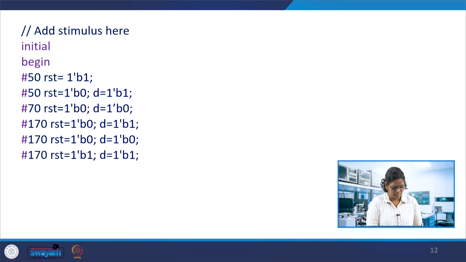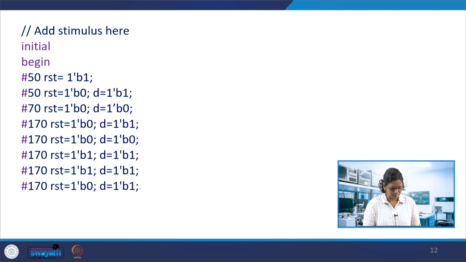Then we see the data and reset change, to check what happens when reset is 1 in between, and the data is 1. So what happens here? Okay, so this will be made 0, right? Again, if you maintain the reset, whatever the change in data, whatever the data is, it is made 1, so end.